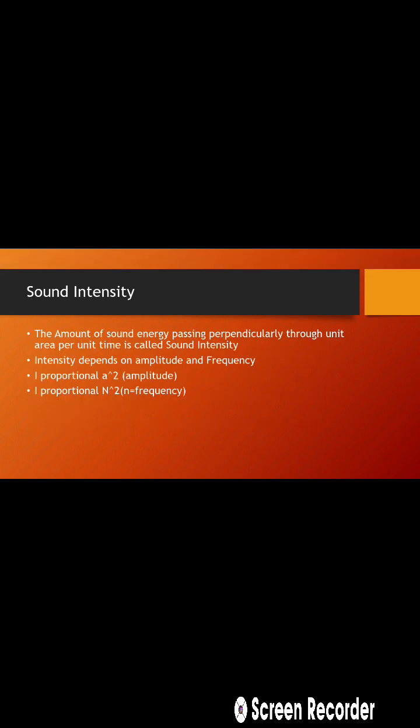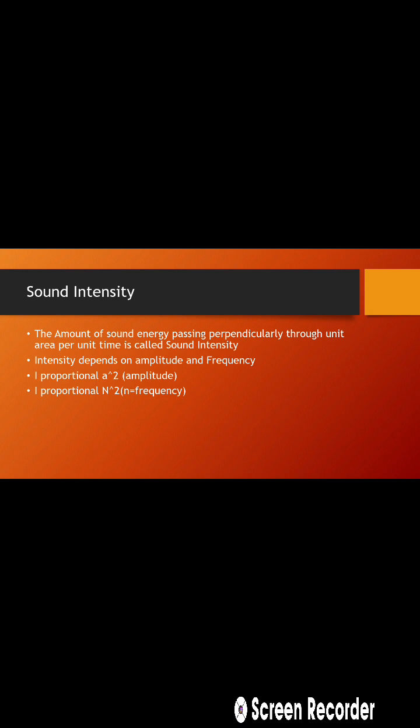Now we will know about sound intensity. It is not present in your book, but I am telling you anyway. The amount of sound energy passing perpendicularly through a unit area per unit time is called sound intensity.